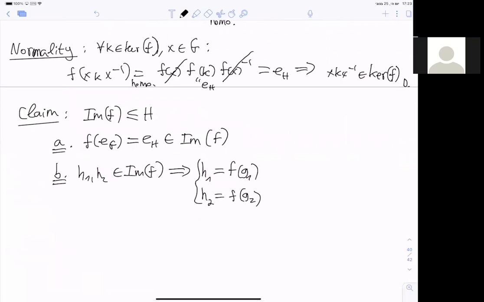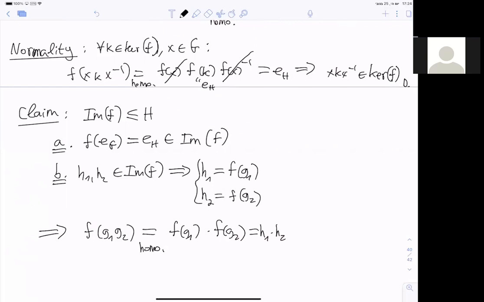So f of g1 g2, since f is a homomorphism, is f of g1 times f of g2, which is equal to h1 h2.